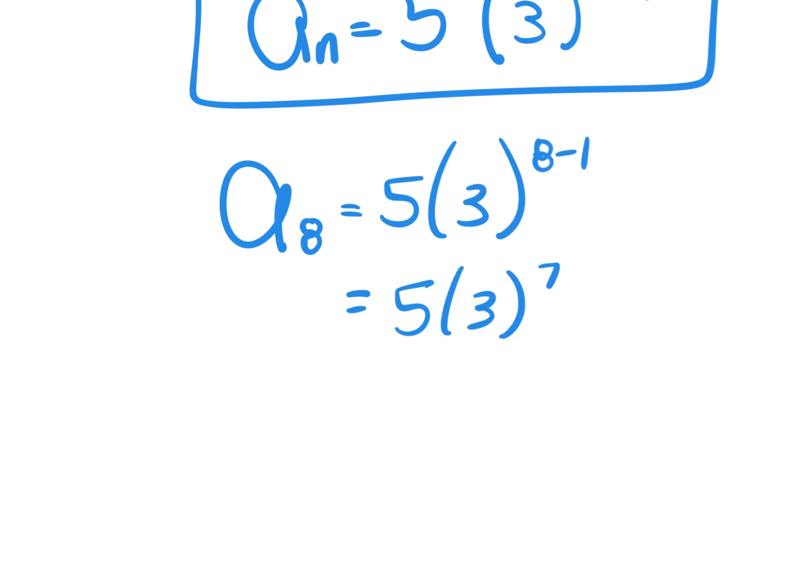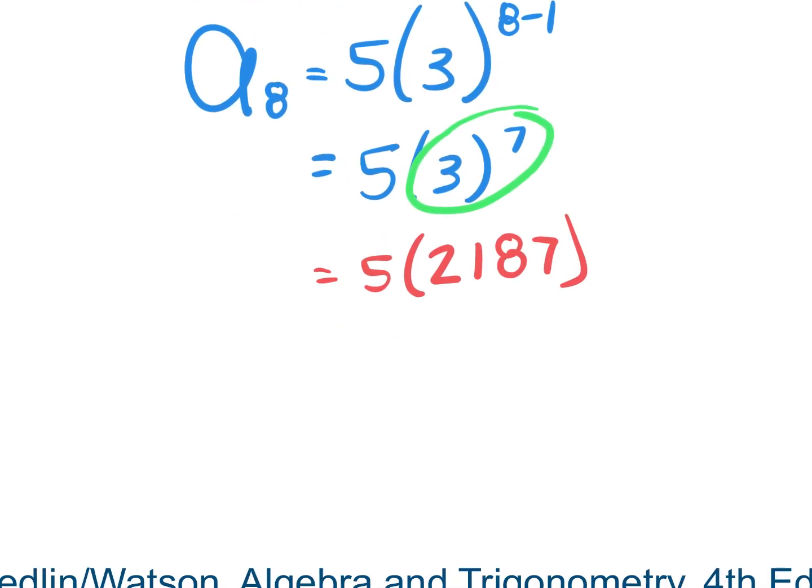Is that correct? No, you need to evaluate this first. What is 3 to the 7th power? 2,187. And then multiply that by 5.